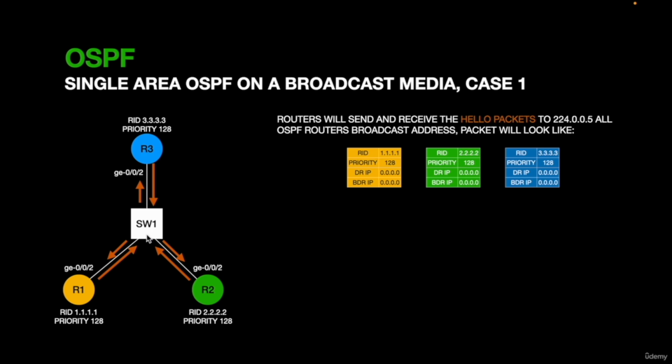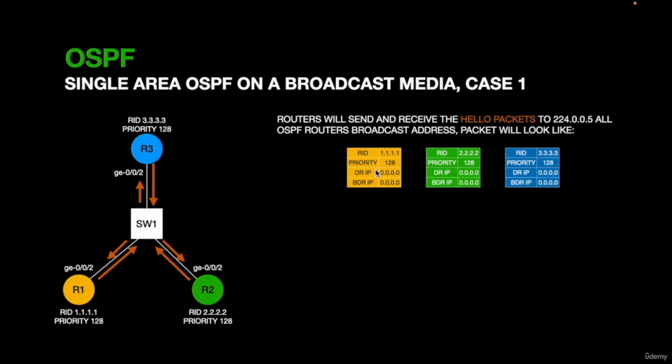So each router will send and receive the hello packets, which are being sent to 224.0.0.5, which means that this is all OSPF routers, and the packet will be like that. The hello packet that is sent from R1 will have the router ID of 1.1.1.1. It will announce its priority.